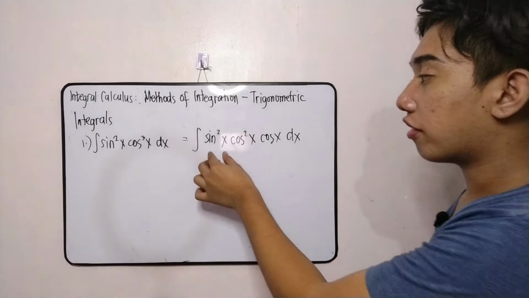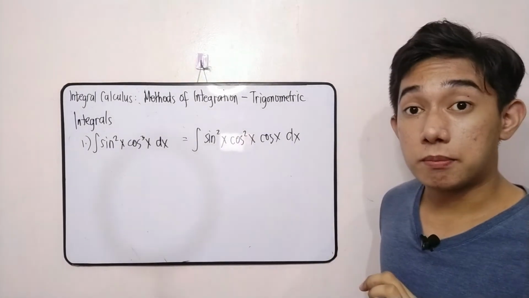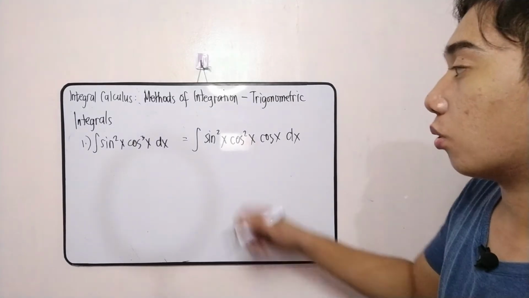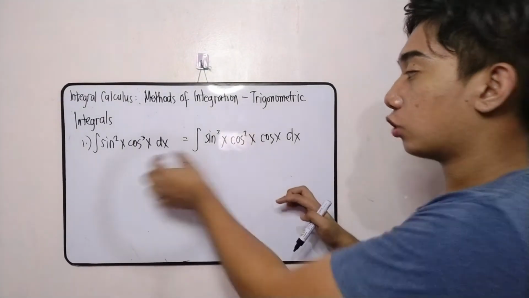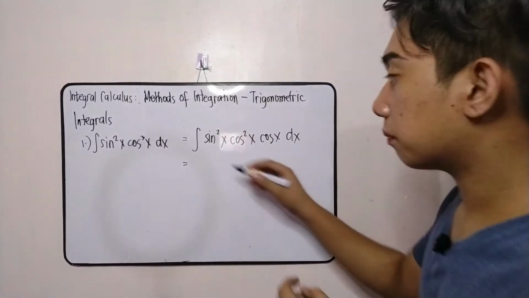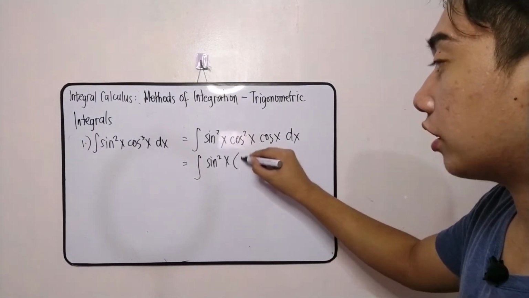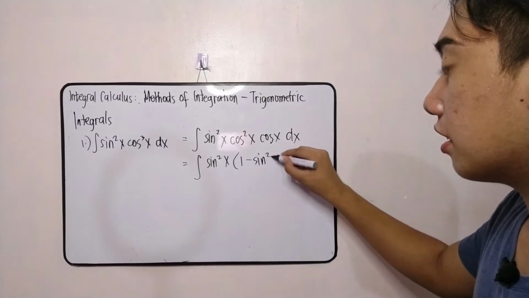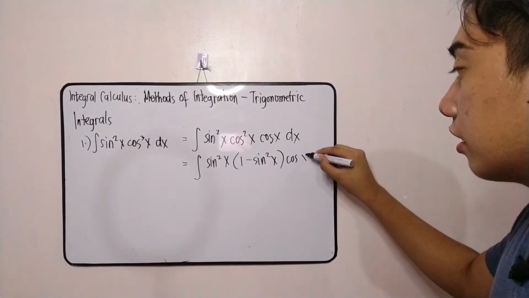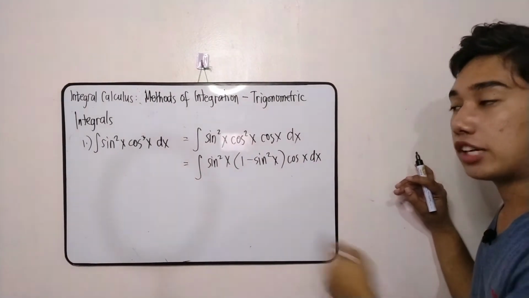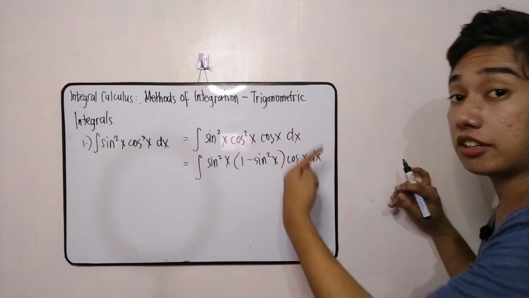One of these terms will be substituted by its Pythagorean identity. So it is better to substitute sine squared x times quantity 1 minus sine squared x times cosine x dx. Then we notice it is all multiplication, so we just distribute, okay?